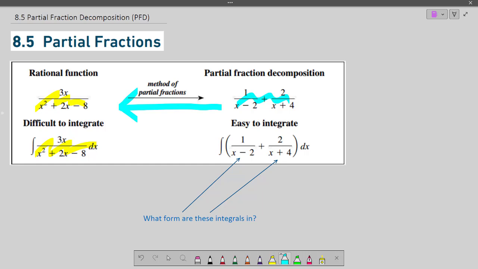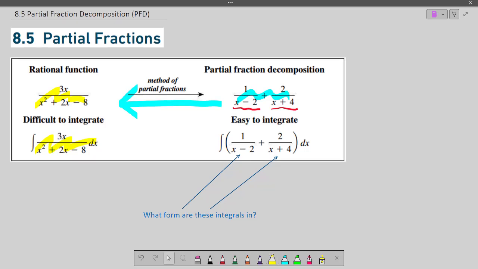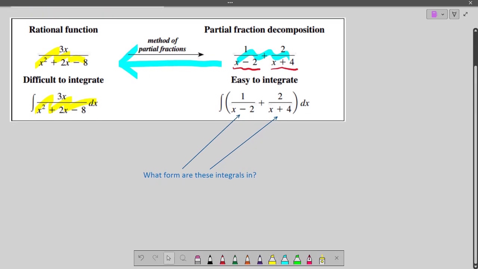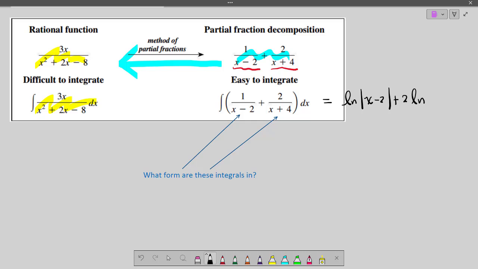You want to build these so-called partial fractions from this bigger fraction. So you want to take your bigger fraction and break it apart. Because when you look down here, that's easy, right? Both of those terms are in log form. So this immediately can be integrated to the natural log of absolute value of x minus 2 plus 2 times the natural log of absolute value of x plus 4.